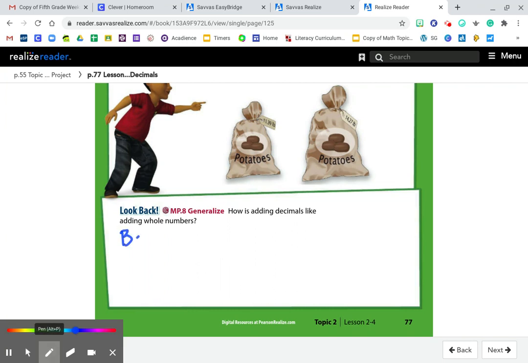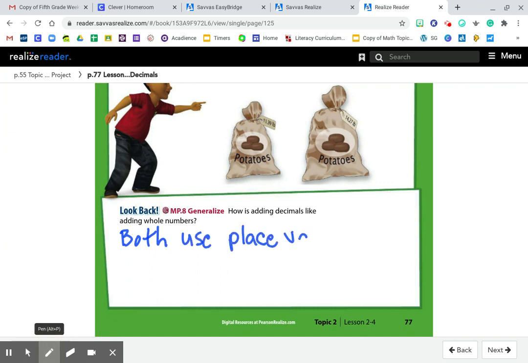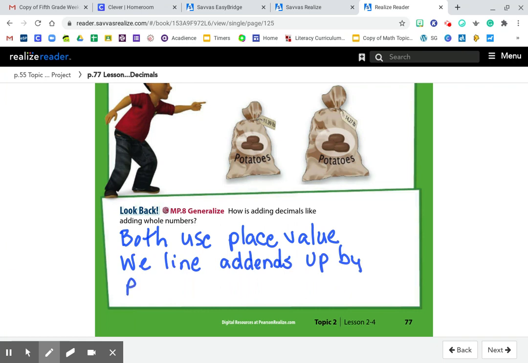So both use place value. And we line the addends up by place value, and we add within place value.